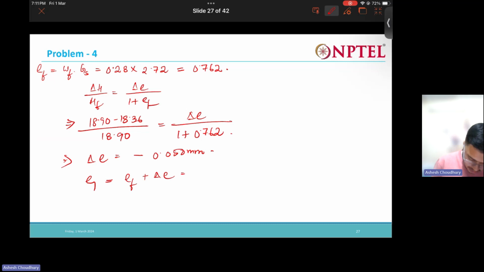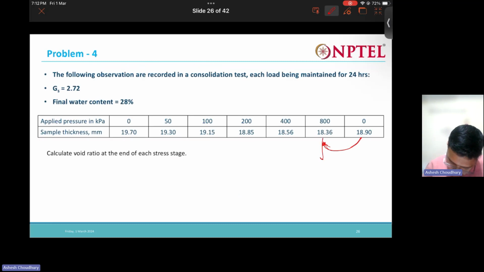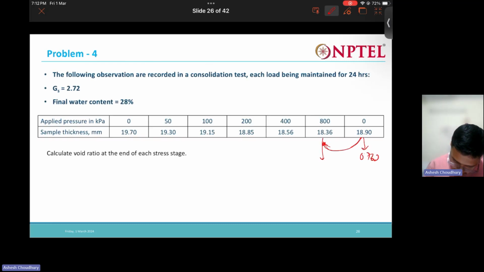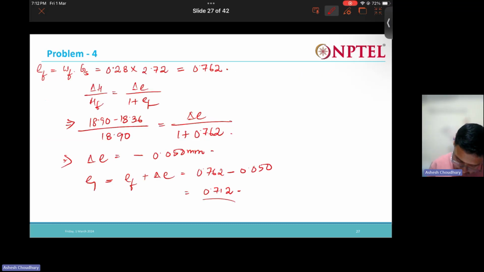So 0.762 minus 0.050 will give us 0.712. Alright, so corresponding to this one, you knew already, this one was 0.762. So for this we got 0.712.